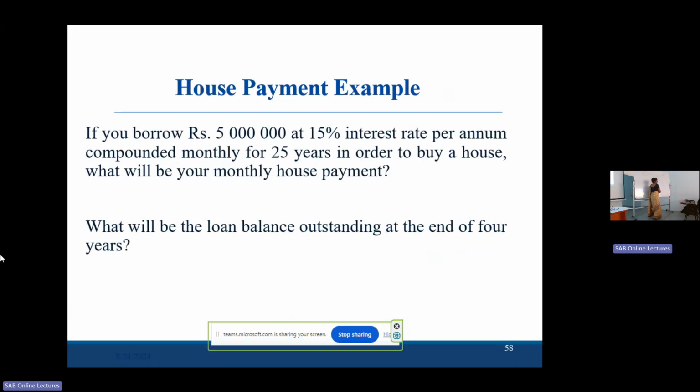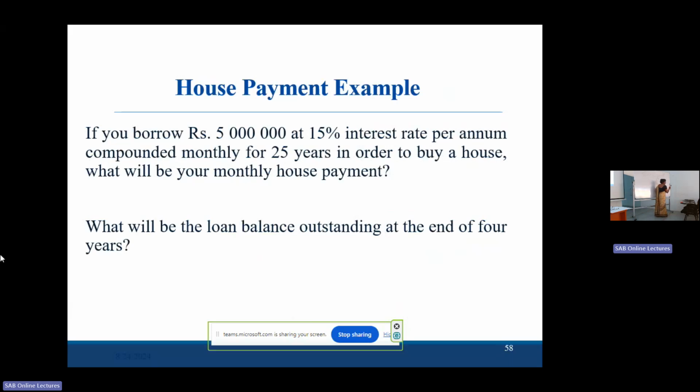Value at the 48th month is equal to your monthly installment, 64,041, into 1 minus 1.0125 to the power of minus 252, divided by 0.0125.